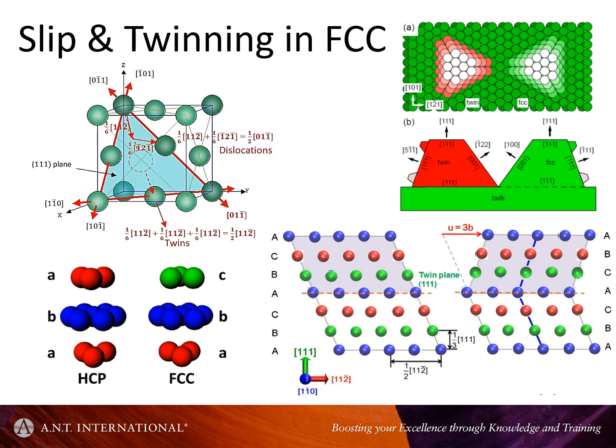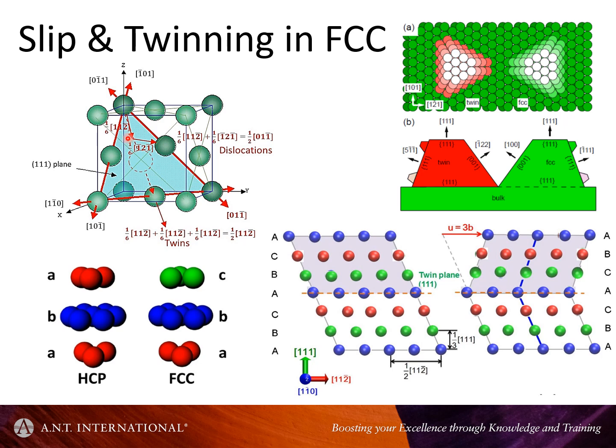So I'm going to revert a little bit to the FCC case in order to make the transition now between slip and twinning. Although I've shown it in the video, here it is schematically: what is the difference between slip and twinning? In an FCC case, slip involves taking one atom here and displacing it.